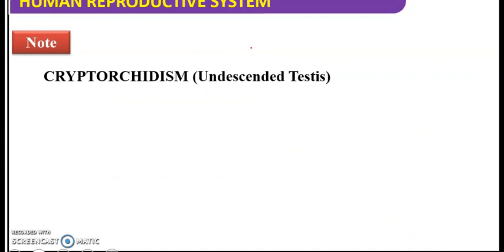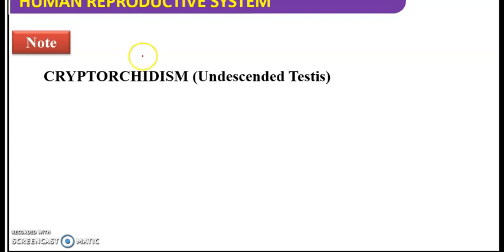Now, there are some important topics here that we need to understand. I told you that the process where the testis comes down, or the movement of the scrotal sac rather, outside or below the abdominal cavity, is called descending of the testis. Basically, it happens in the fetal stage only.